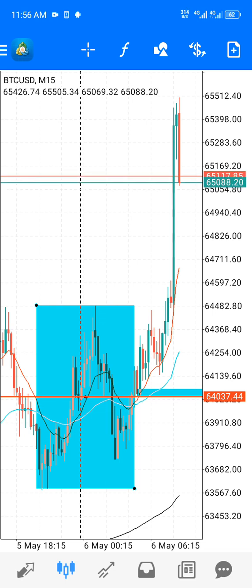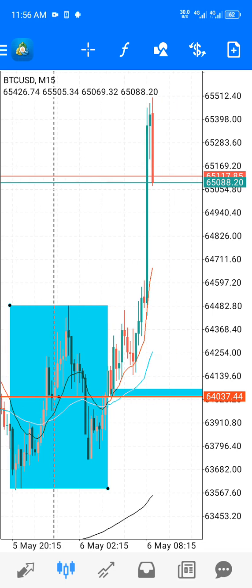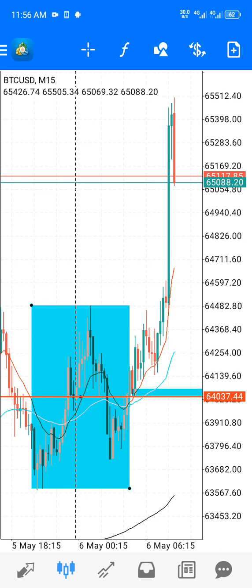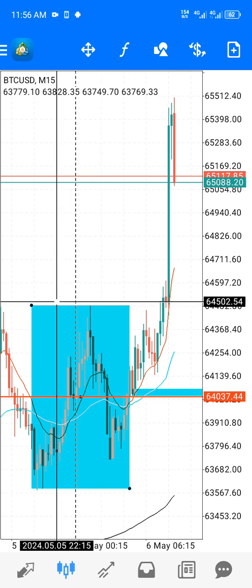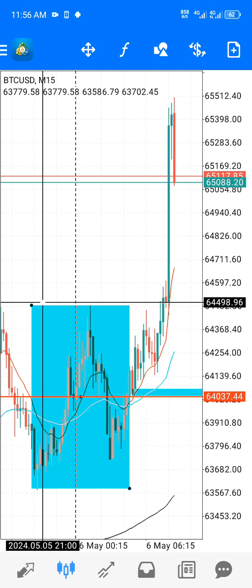So the first thing is time, and you are supposed to mark the high and the low between 21 and 5.